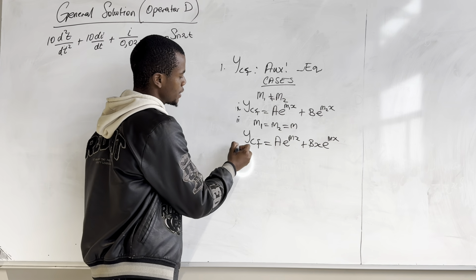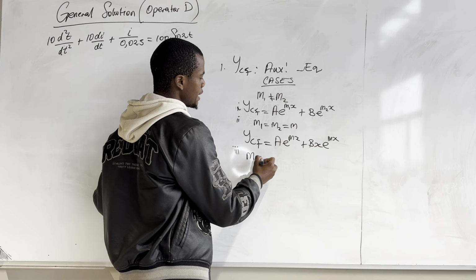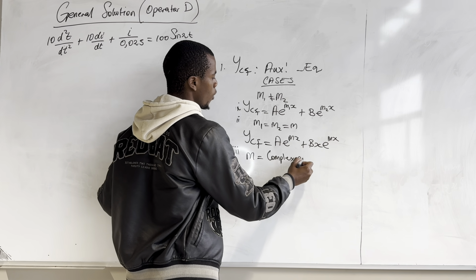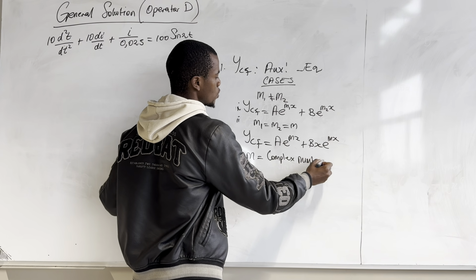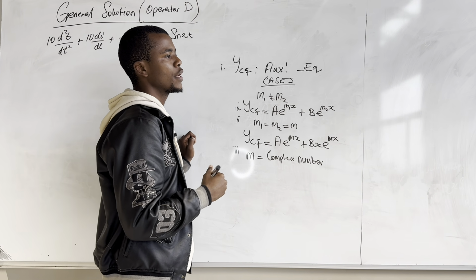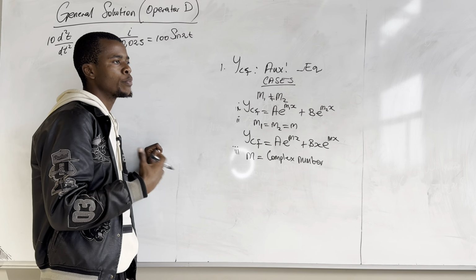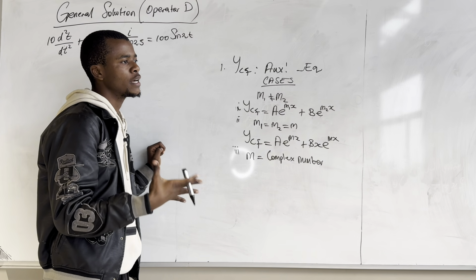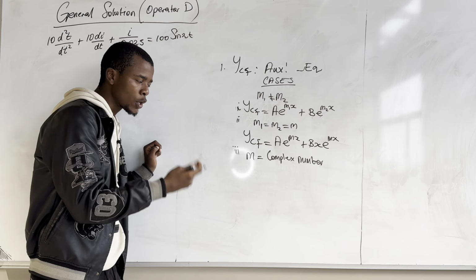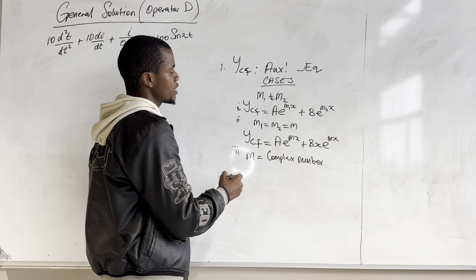Okay, and then number three is whereby your m is a complex number. So once you get a complex number on your auxiliary equation, we need to know how to approach it and how your complementary function will look.